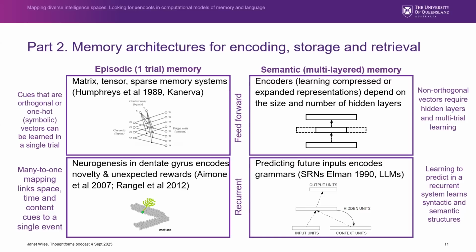And interestingly, although it's copying back, the context unit just copies back the previous context, it can build up structures and learn semantic and syntactic structures. And Jeff Elman used it for grammar learning. So the input predicts the next input, not the current input. So it's not like a typical encoder. It's encoding the next step. This is very much like large language models today are based on this idea of predicting the next input with something that is either recurrent or unfolding. These recurrent layers is another way of thinking about them.